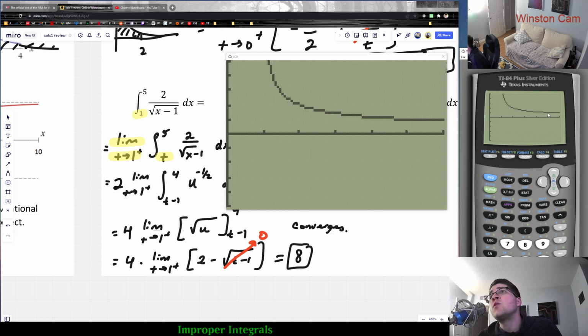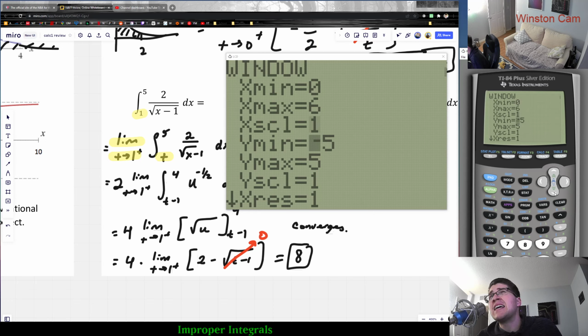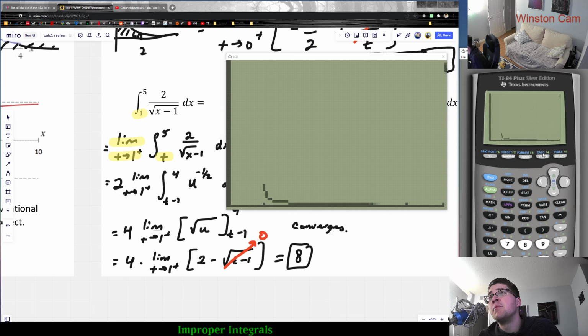On this graph, we knew it has a vertical asymptote at 1, and we're seeing whether this area adds up to something finite. If we take our window from 0 to 100, we could get another better look at this.